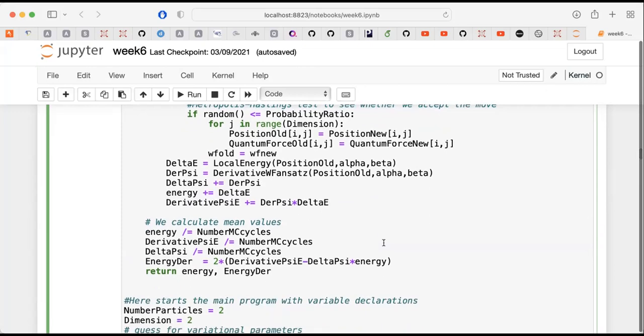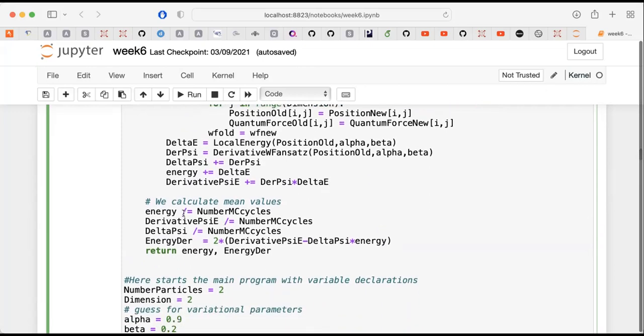Then I'm running over the Monte Carlo cycles, and you can see there's a final function called the energy derivative, which contains the first integral minus the next integral times the integral over the local energy. These are the quantities which you now need to think of adding to your program.